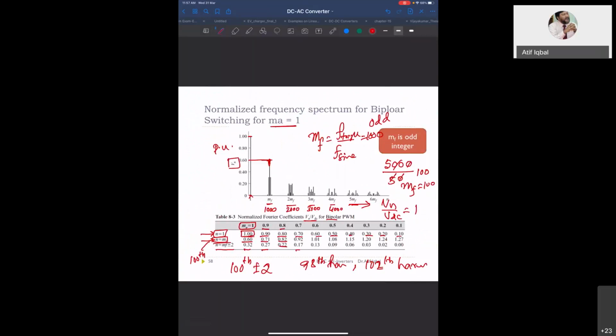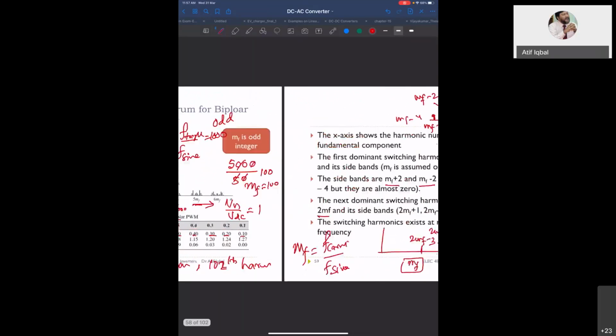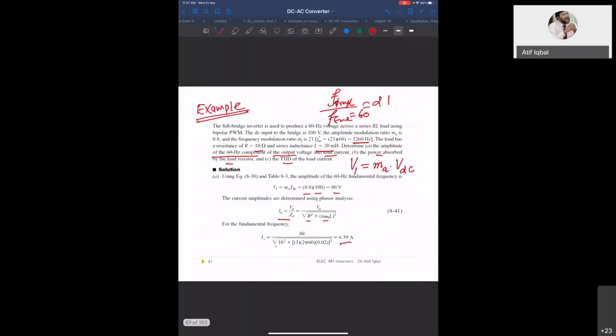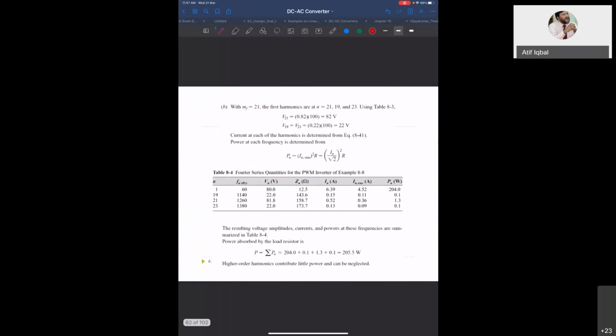Next, what will be the next harmonics? The next harmonic is at mf, and what is the value of mf here? It is given as 21.